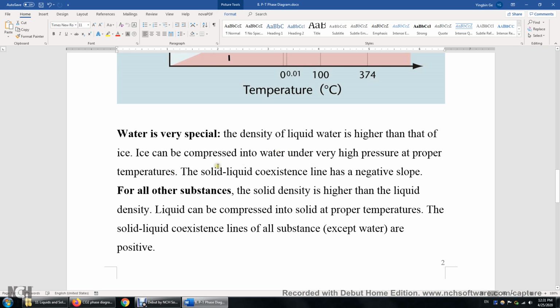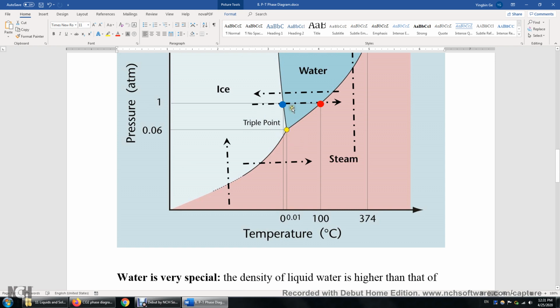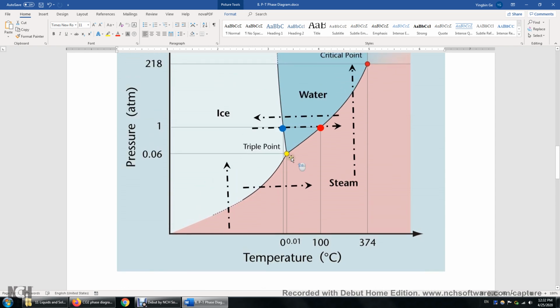I'm going to show you this. Let's say at 0.01 degrees Celsius, let's compress ice into liquid water.